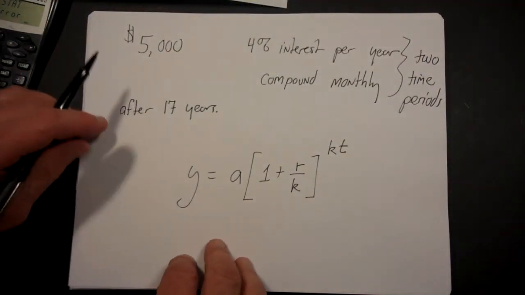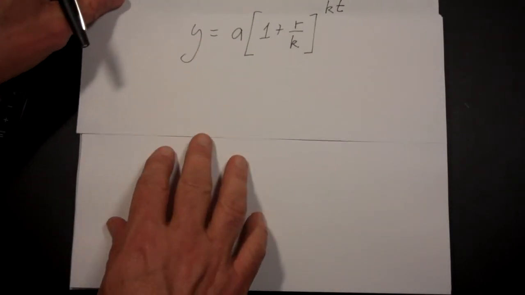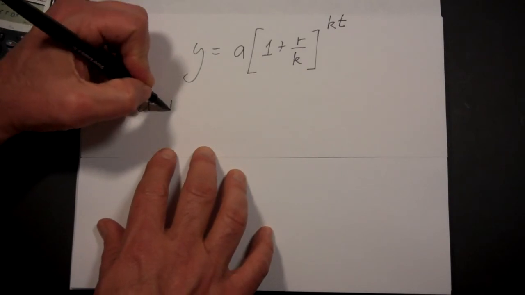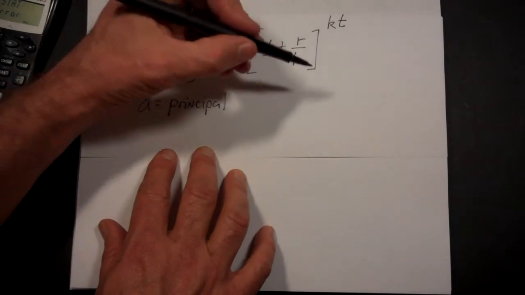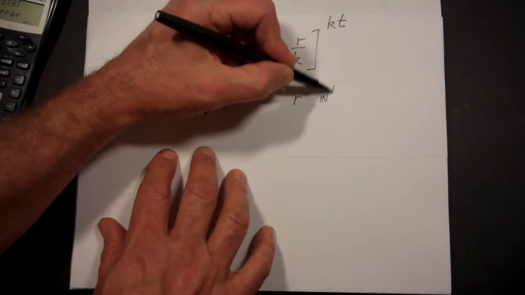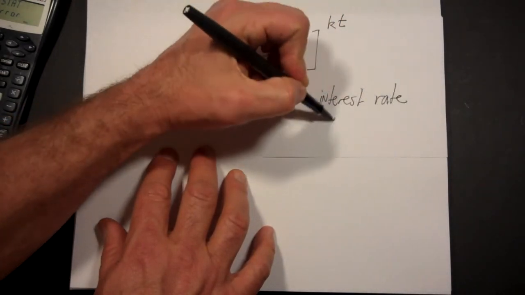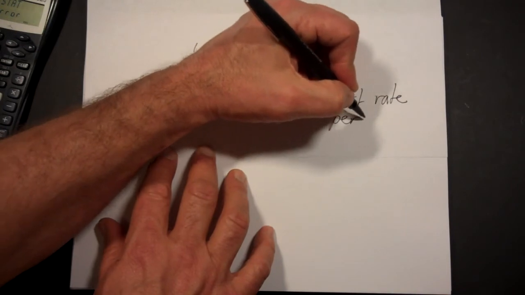And here, let's go through this formula, and let's just make sure we understand all the terms. Here, A is your principal, or your initial amount. R is the interest rate, almost always per year. It doesn't have to be per year, but in every realistic problem, it's always going to be interest rate per year.